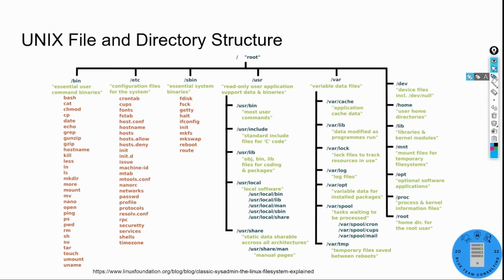Moving into the Unix file and directory structure, again, this is another representation of what a hierarchical structure looks like, starting at the top of the tree at root, which is our leading slash, our forward slash for Linux. And we have all of these subdirectories beneath root. We have our bin directory, that's short for binaries.